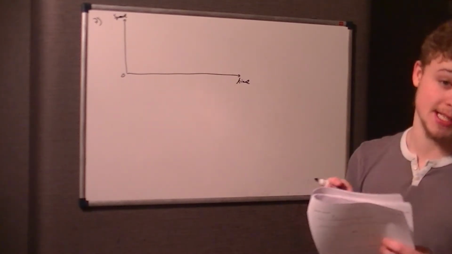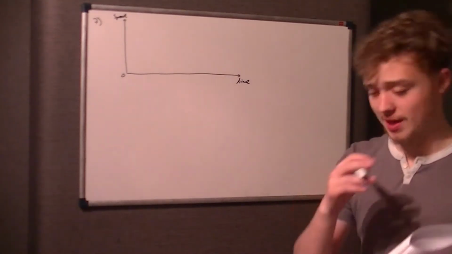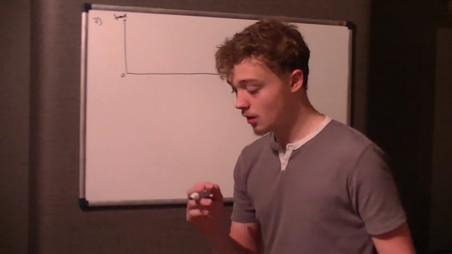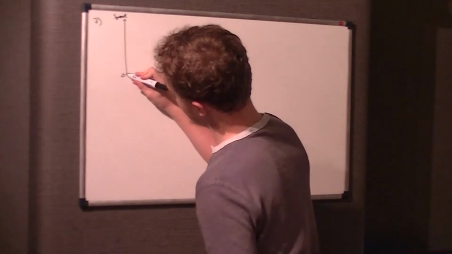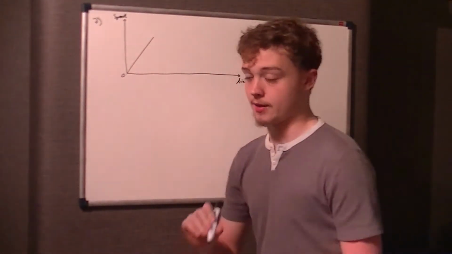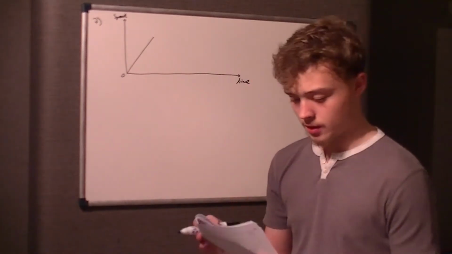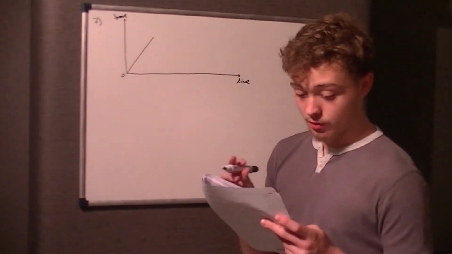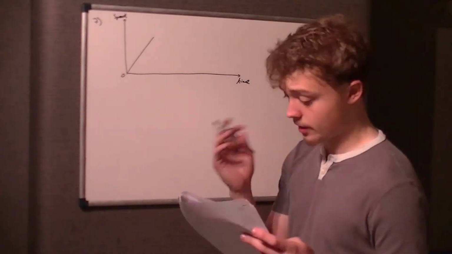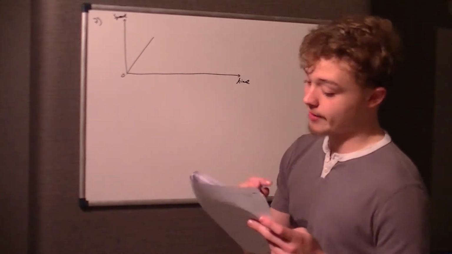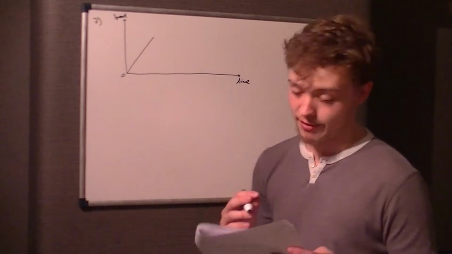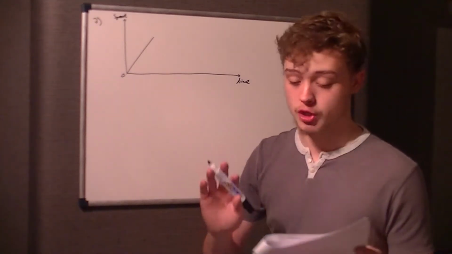All you need to focus on is that it says constant acceleration, and we know acceleration is gradient. So a constant gradient, fairly steep but not too steep, until it reaches a given speed, v meters per second, where v is greater than 50. That's not going to be relevant just yet.